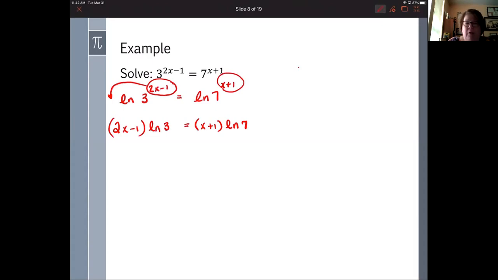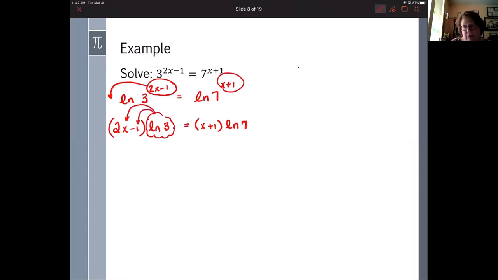Okay, so now what do we do? Well, any equation that you're solving that involves parentheses, you need to remove the parentheses. And you remove parentheses by using the distributive law. So you're going to distribute the natural log of 3 across the 2x and across the minus 1.